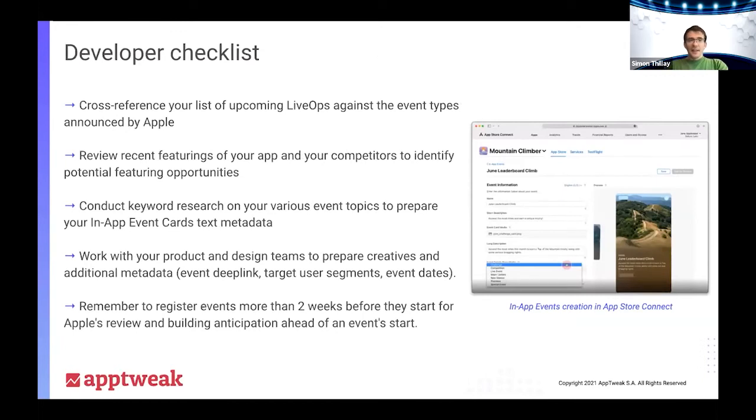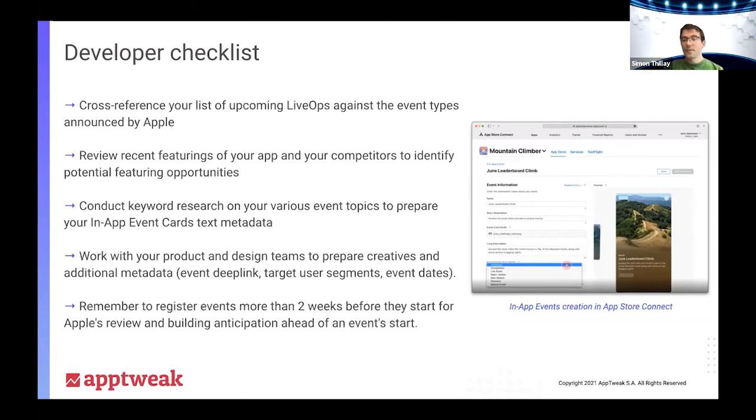For the checklist itself, it's fairly easy. You should start by cross-referencing your list of upcoming in-app events, live ops, and check with the list that Apple has communicated to know which would belong to which type.